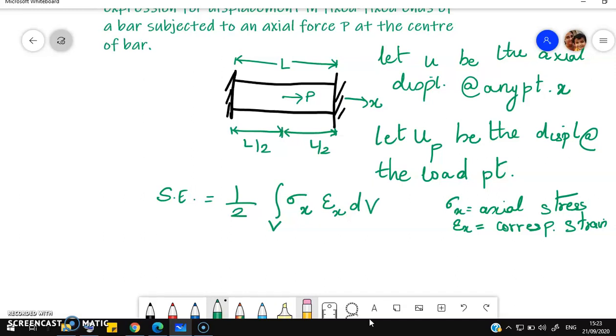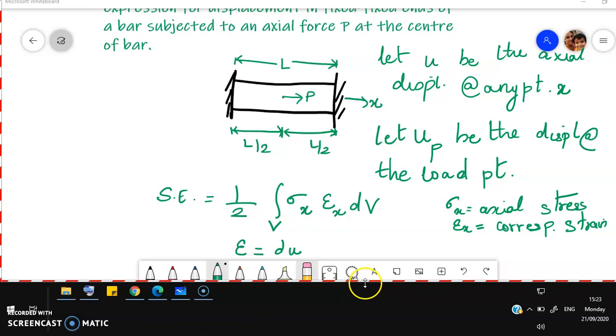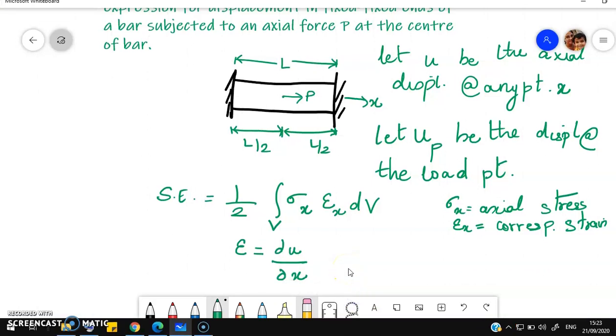If we want the relation between strain and the displacement, it is epsilon equals dou u by dou x, and the stress is given by Young's modulus times the strain. So Young's modulus and epsilon is this, so sigma equals E into dou u by dou x.